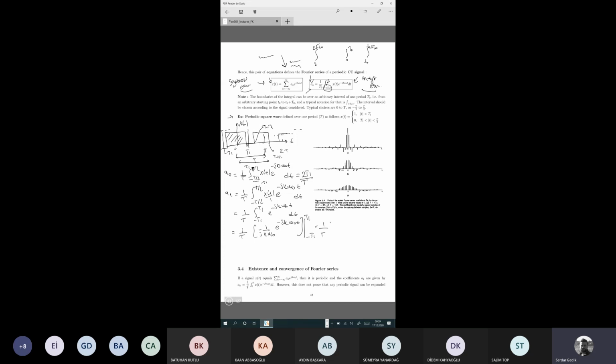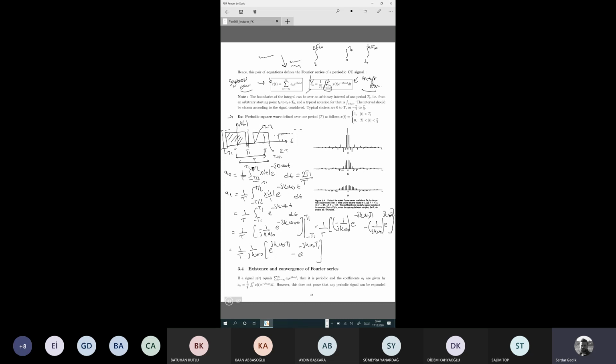So it is 1 over T, minus 1 over j k omega 0, e to the power minus j k omega 0 t1, minus minus 1 over j k omega 0, e to the power j k omega 0 t1. So if you continue, it is 1 over T, 1 over j k omega 0, e to the power j k omega 0 t1 minus e to the power minus j k omega 0 t1.